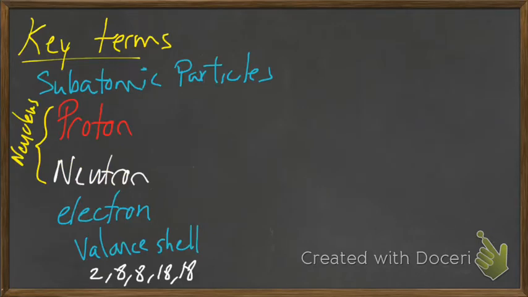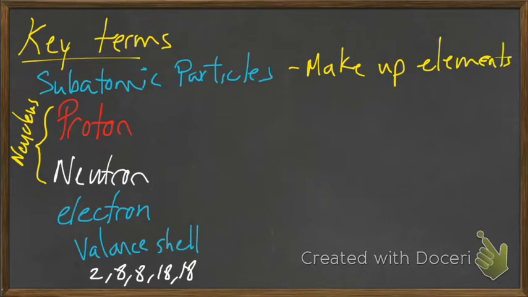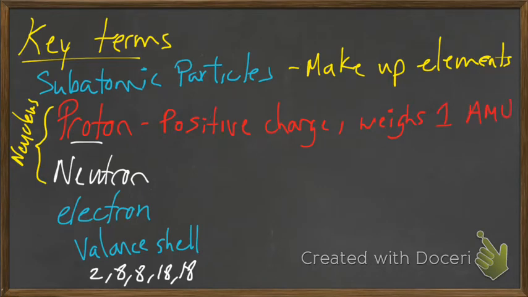Reviewing key terms. Subatomic particles. These are the things that make up elements. There are 3 subatomic particles, the first of which is a proton. Positive charge. Weighs 1 atomic mass unit, and I'll write AMU for that.